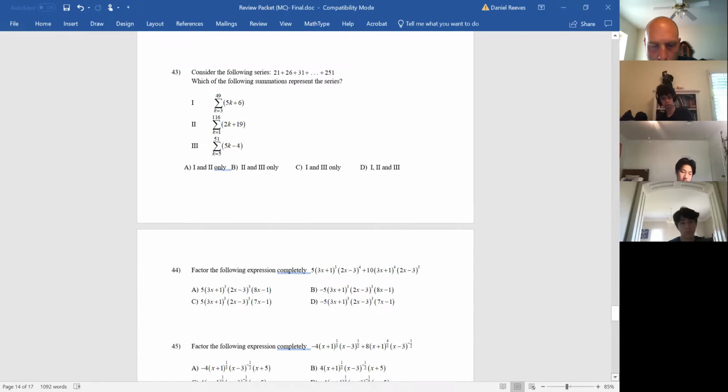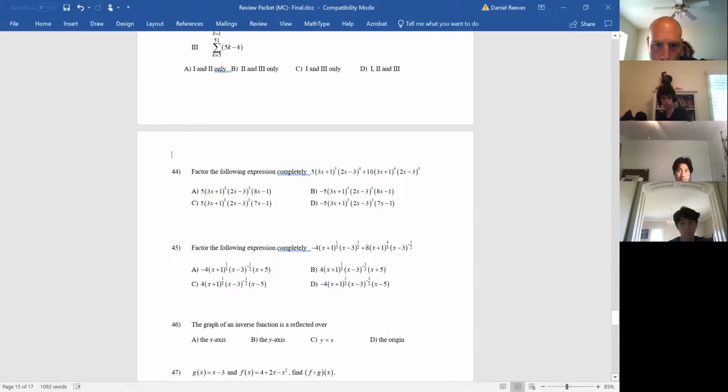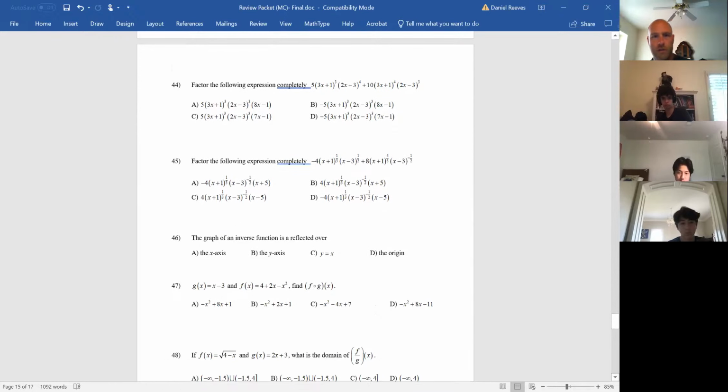So nowhere near as big as logs or anything. Okay. All right. 44 and 45 seem to both be the same thing, which I would call factoring. Not that that isn't a topic which rears its head in different forms in different places.